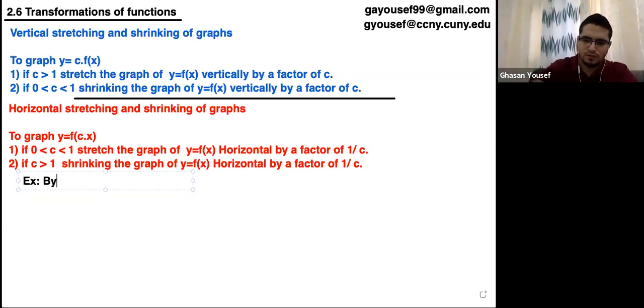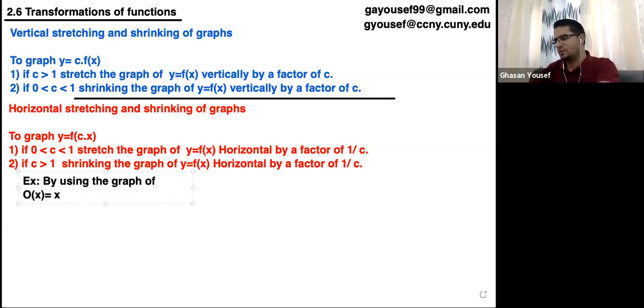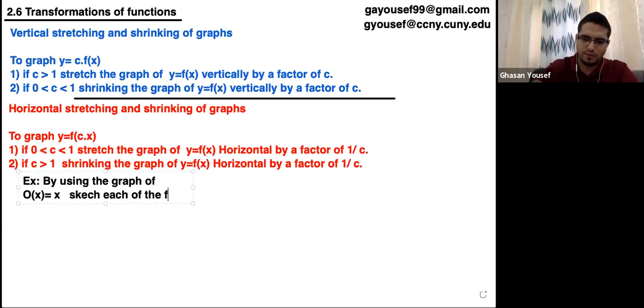By using the graph of the original function O of x equals x squared, the question is: sketch each of the following.